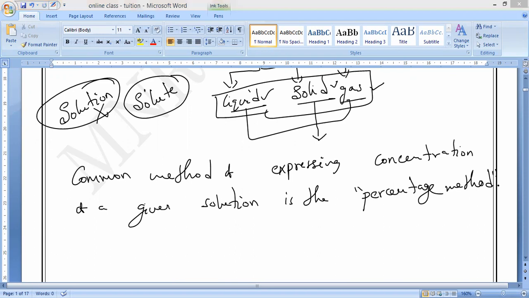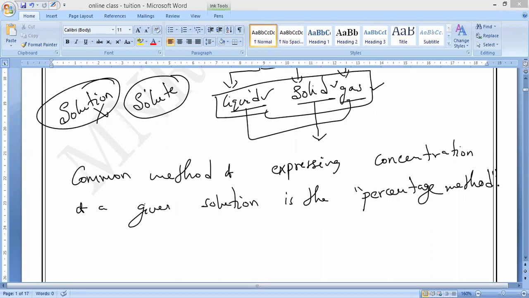So whenever I say the percentage method of expressing the concentration of a given solution, I am calculating the percentage of a solute present in the solution. Understand, all of you? So whenever I talk about the percentage method of concentration of a given solution, I am saying the percentage of solute present in the solution.